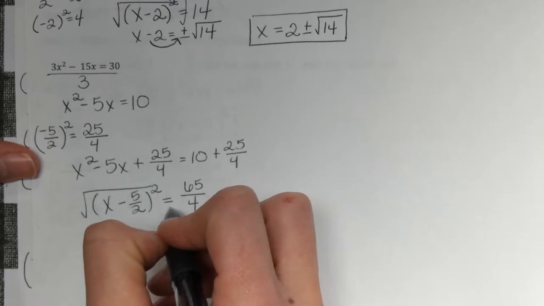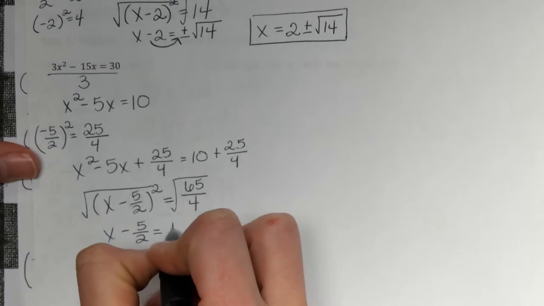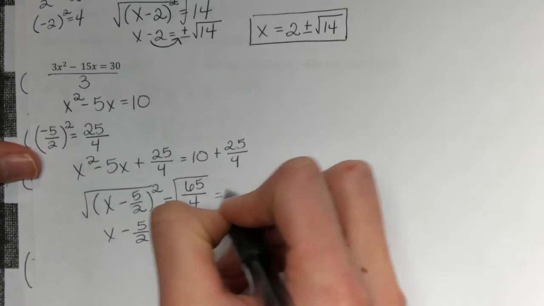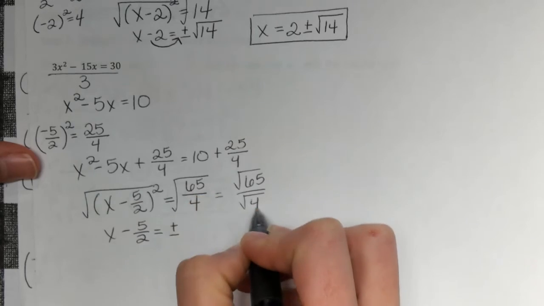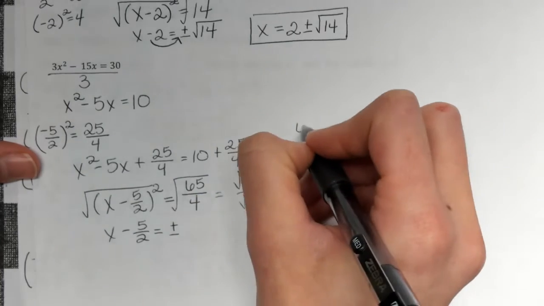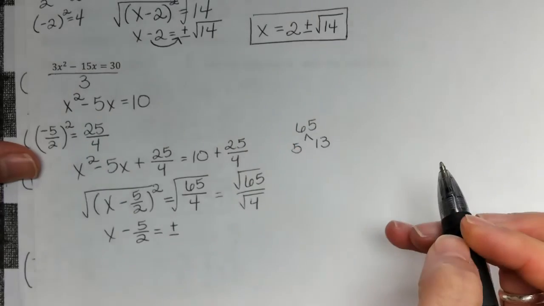Take the square root. x minus 5 over 2 is equal to plus or minus. Now remember that you're doing the square root of 65 over the square root of 4. If I try to break 65, that splits into 5 and 13.